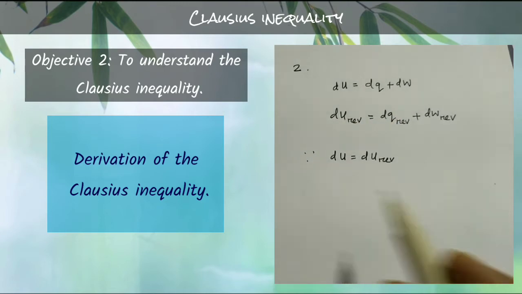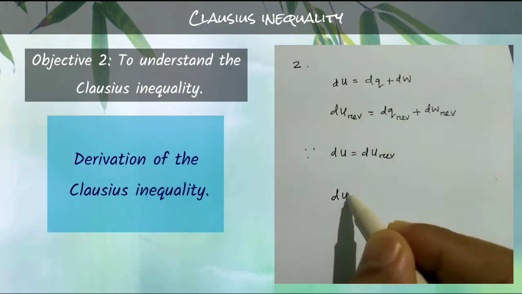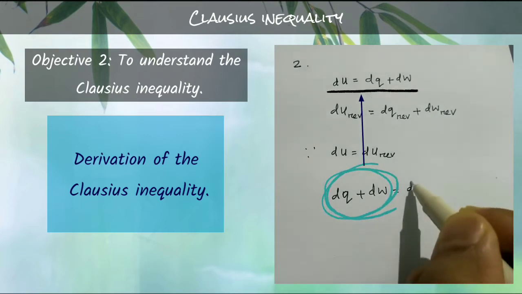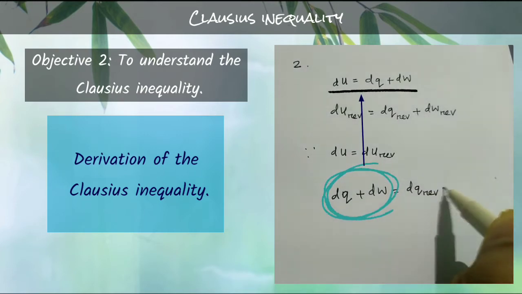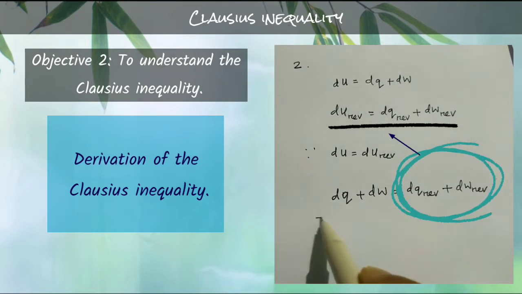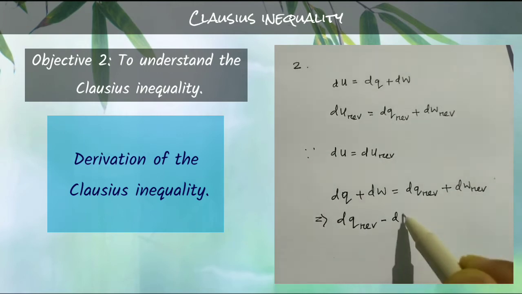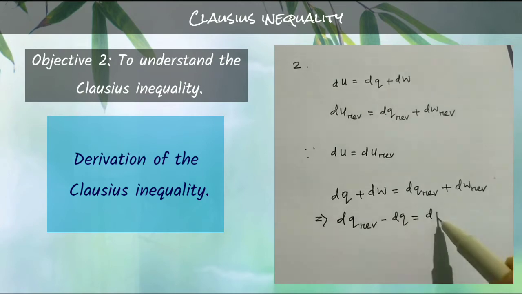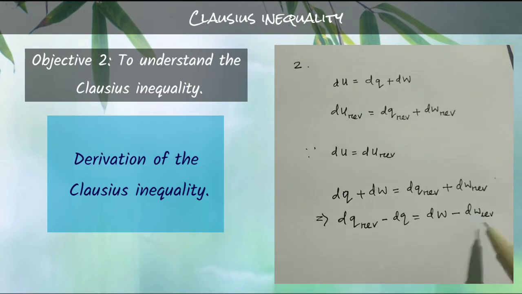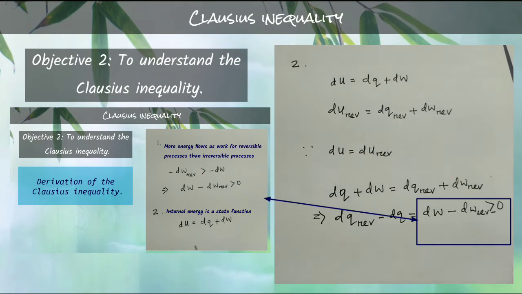So we can write dq plus dw equals dq reversible plus dw reversible, or dq reversible minus dq equals dw minus dw reversible. Again we know that dw minus dw reversible is greater than or equal to 0.